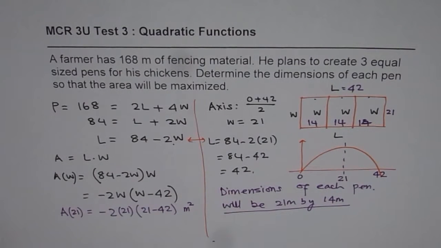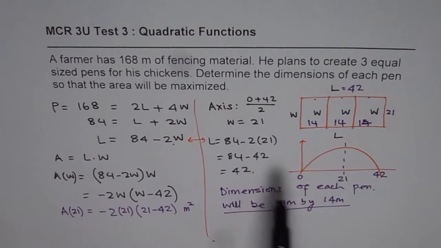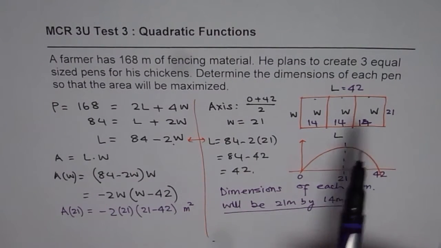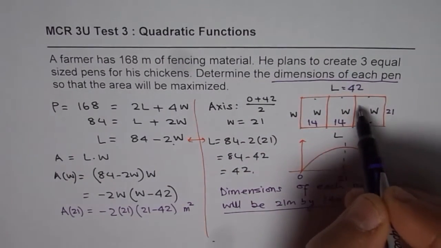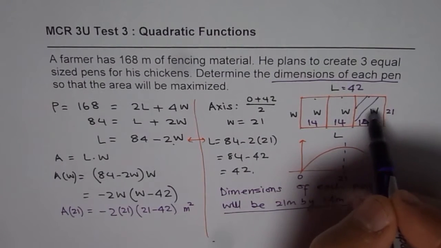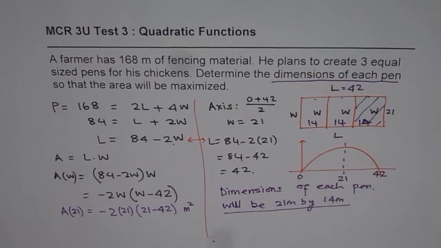So it's a very tricky question. You should not stop by just calculating width and length. Of course, it is 21 and 42. But they're asking for dimensions of each pen, right? So this small unit here, that is what they're asking for. Do you get my point? So you have to give those dimensions, right? So it is 21 by 14 meters. That is the dimension of each pen.